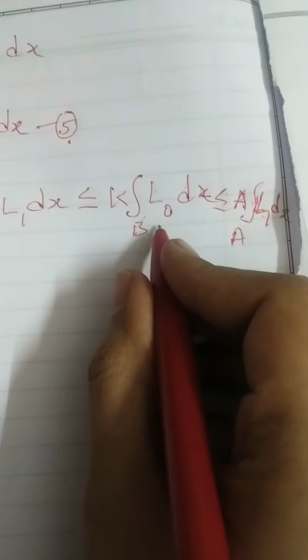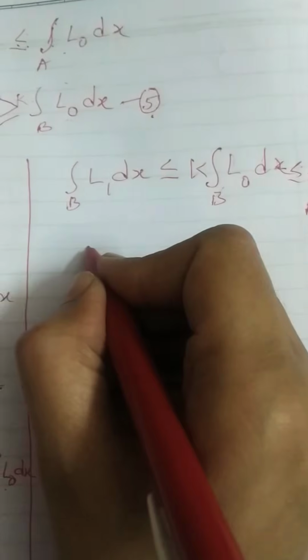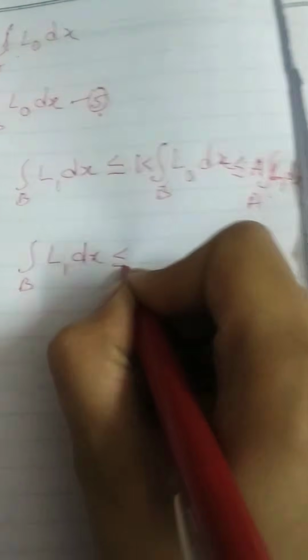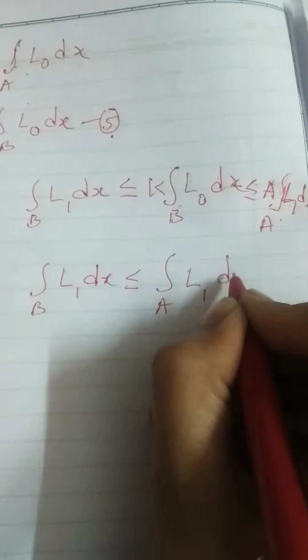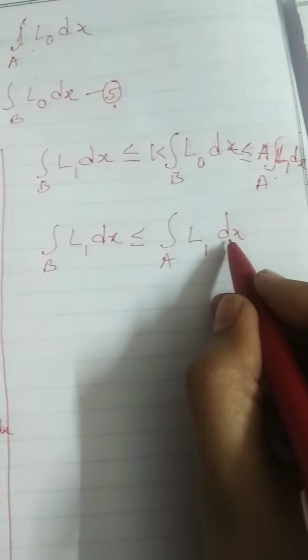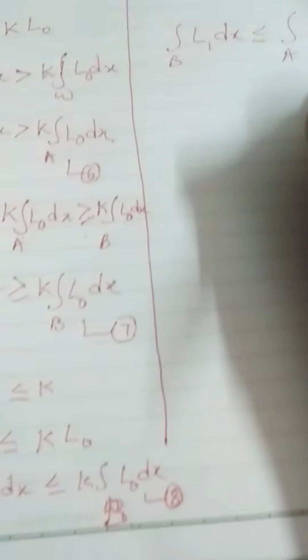Here I will write A. Then A less than B less than C, we can write A less than or equal to B. So integral B L1 dx is less than or equal to integral of A L1 dx. This one I have written here, A L1 dx. So students, after writing this, make this one as equation 8. I am just cancelling this, there is no need of this.